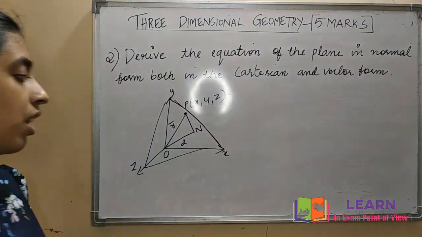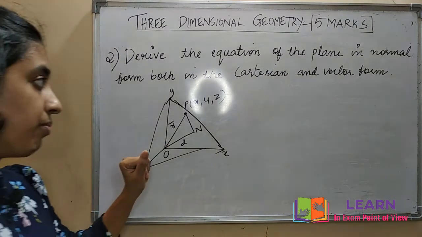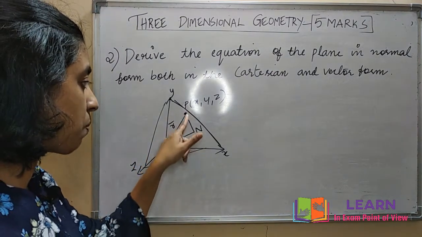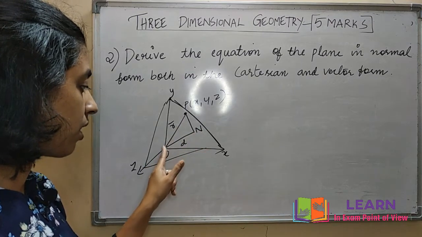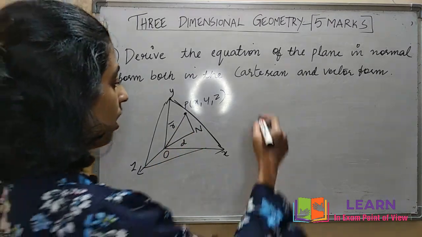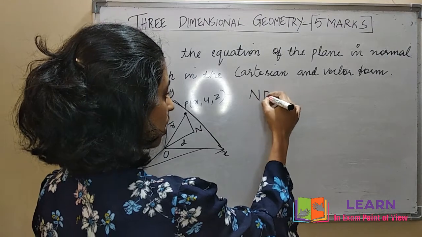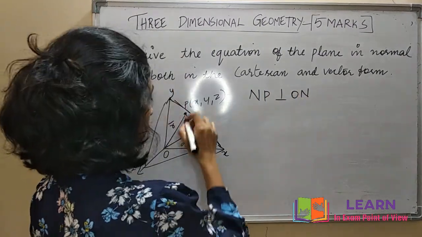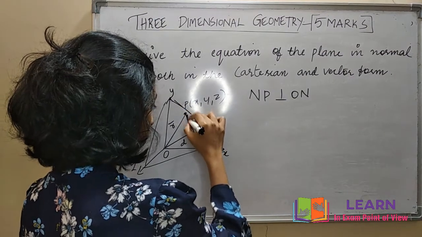Now this NP is perpendicular to ON, correct? Both are perpendicular to each other.